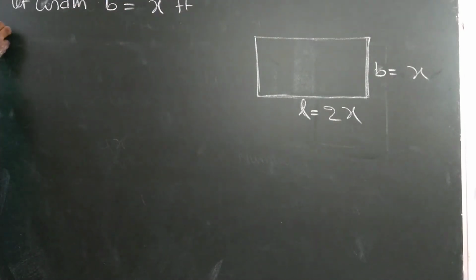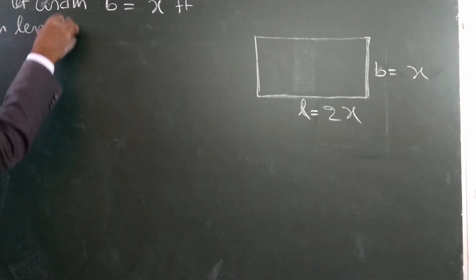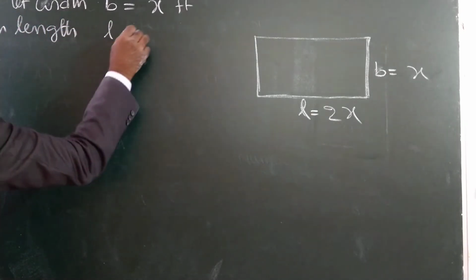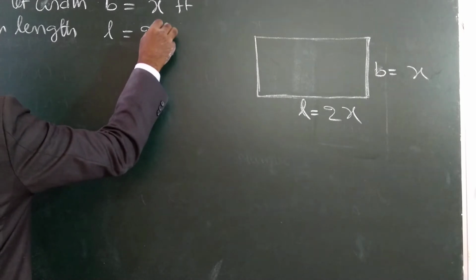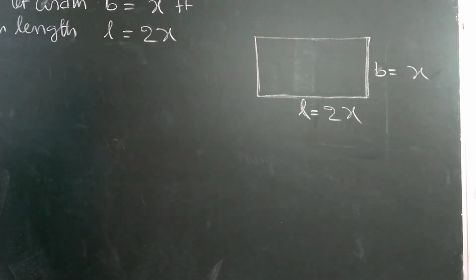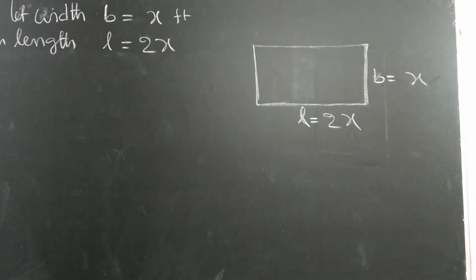Then length is twice, 2 times. Breadth x means length is 2x. Breadth is x, then length is twice, 2x.